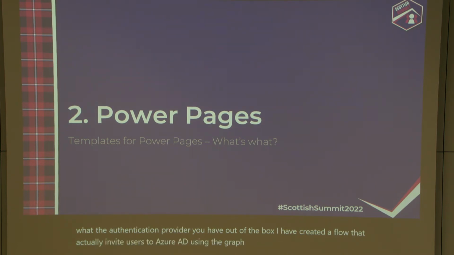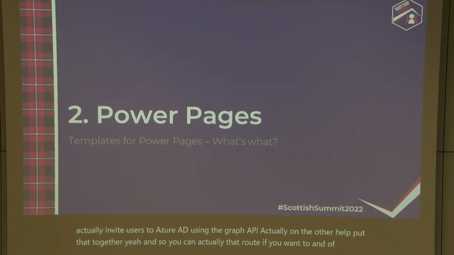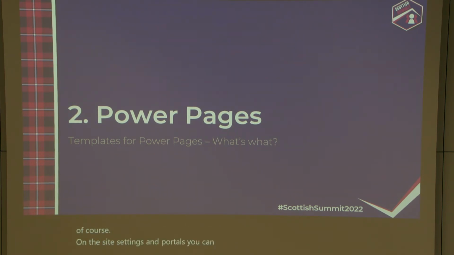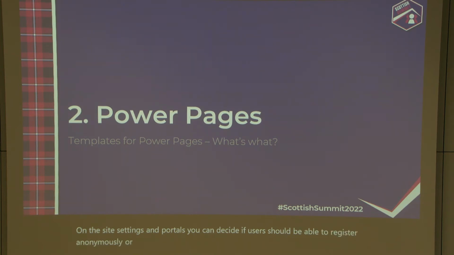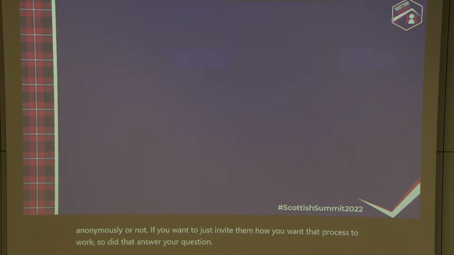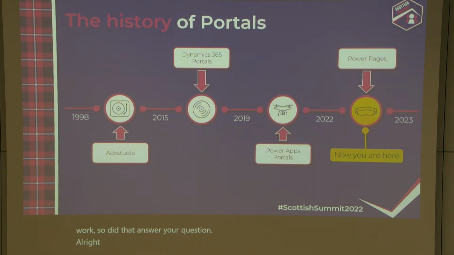Actually, Jan helped me put that together. Yeah, and so you can actually alter that route if you want to. And of course, in the site settings and portals, you can decide if users should be able to register anonymously or not, if you want to just invite them, how you want that process to work. So, did that answer your question at all? Thank you. All right, let's get to the good stuff.